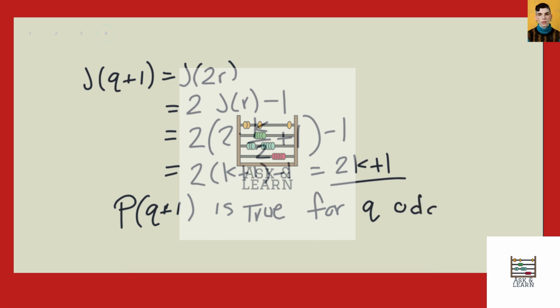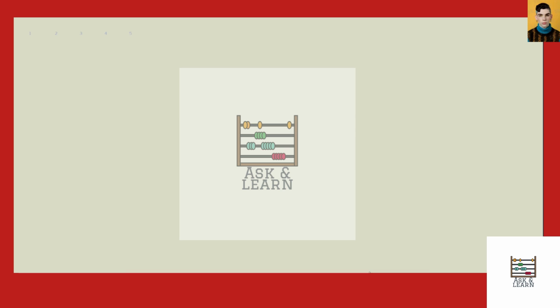That was only half the cases, right? So now we need to consider case 2, where q is even. So if q is even, then it follows that q plus 1 is odd.